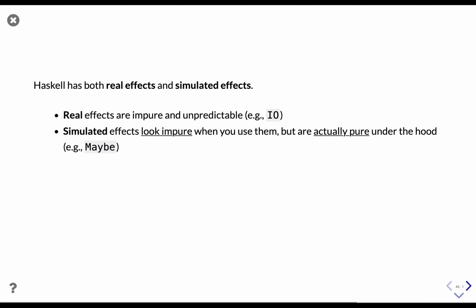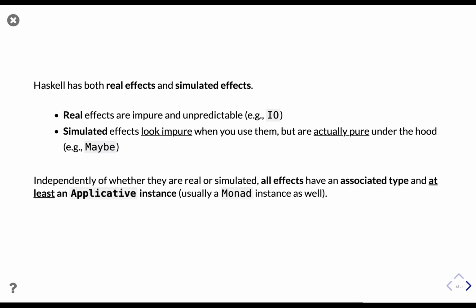Another worthy clarification is that independently of whether they are real or simulated, all effects have an associated type and at least an applicative instance. Usually, they also have a monad instance as well. So, applicative and monad are the interfaces for effects.